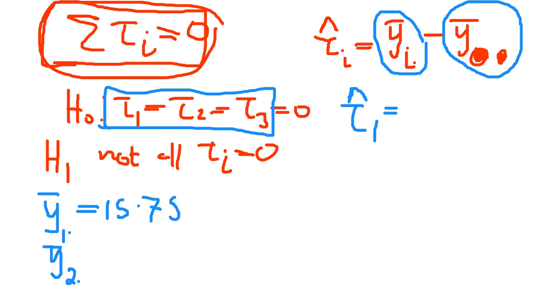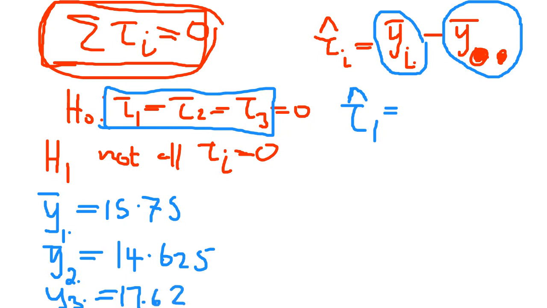The second one? 14.625. And the third one, Y bar 3, 17.625. And the overall mean?